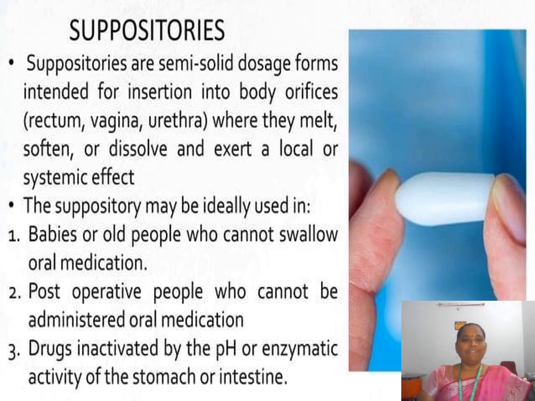Suppositories may ideally be used in babies or old people who cannot swallow oral medications, post-operative people who cannot be administered oral medication, and for drugs which are inactivated by the stomach pH or enzymes present in the stomach or intestine. Then we can go for using suppositories.